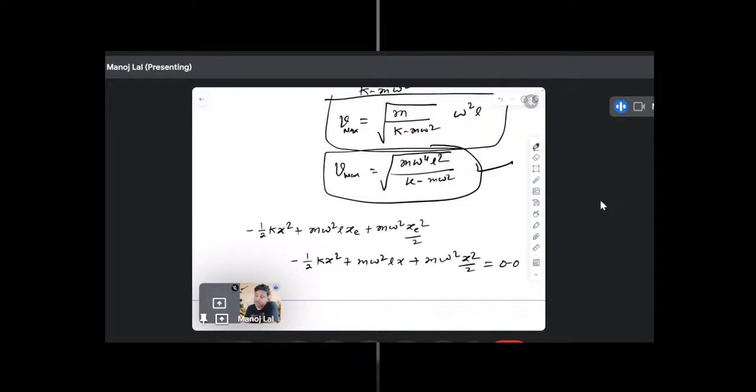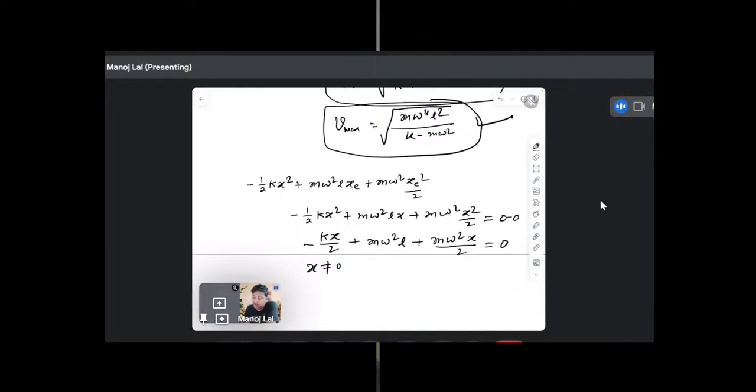Now I take x common, so it will be kx by 2, and this will be plus minus kx by 2 m omega square l, and then plus m omega square x by 2 is equal to 0, because x cannot be equal to 0.